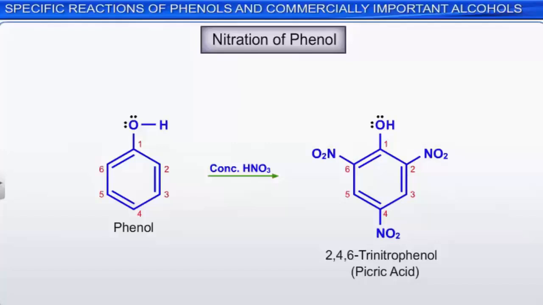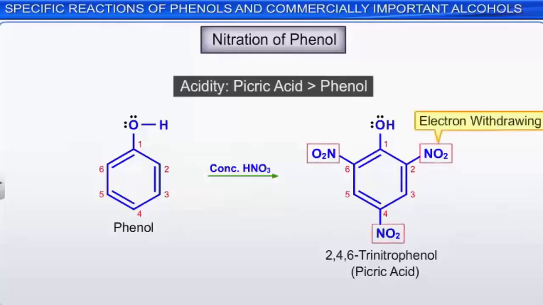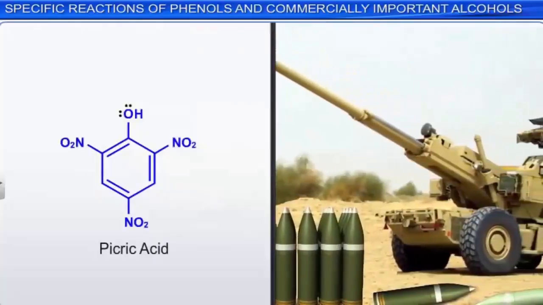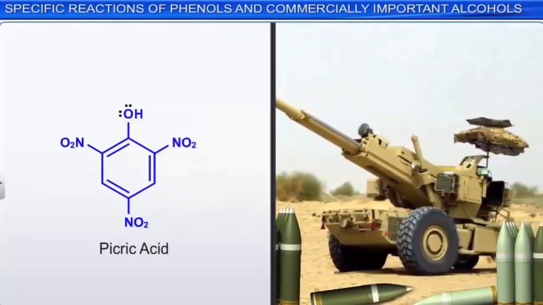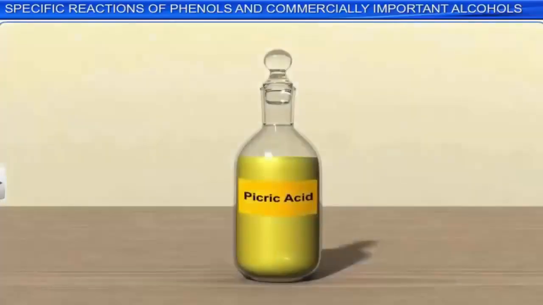Picric acid is a stronger acid than phenol because of the presence of 3 electron-withdrawing nitro groups, which facilitate the release of hydrogen ion. It is explosive and was formerly used in artillery and munitions. Picric acid in the laboratory must be stored wet, else explosive metal picrates may form.